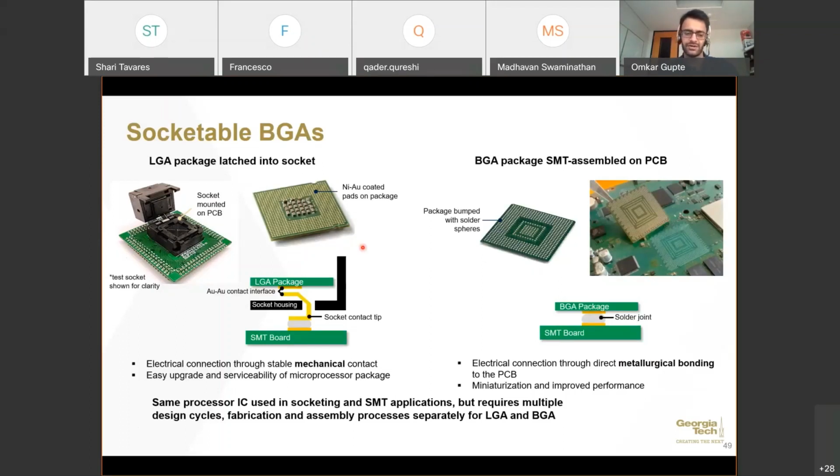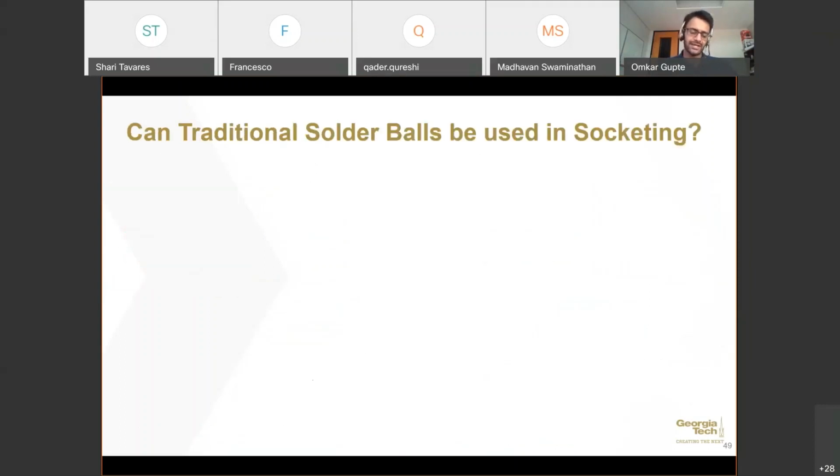But in order to do that, the OEMs or the manufacturers need to have two separate design cycles, fabrication cycles, and assembly processes for these LGA packages and BGA packages, which is not only expensive, but also a lot of different processes, right? So there is a need to develop a single BGA technology which can be used in both socketing and SMT applications simultaneously for the same processor IC.